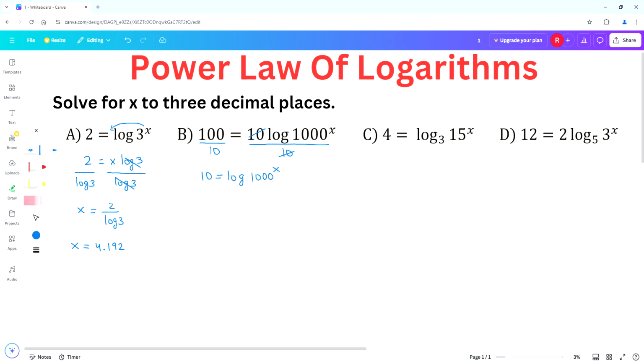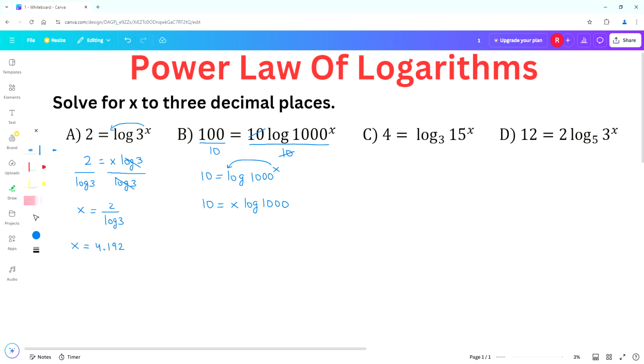Next, we can use the power law of logarithms to move the exponent x to the front of the log term. This log term is a common log. There is no base given for this log term. That means the base is 10.